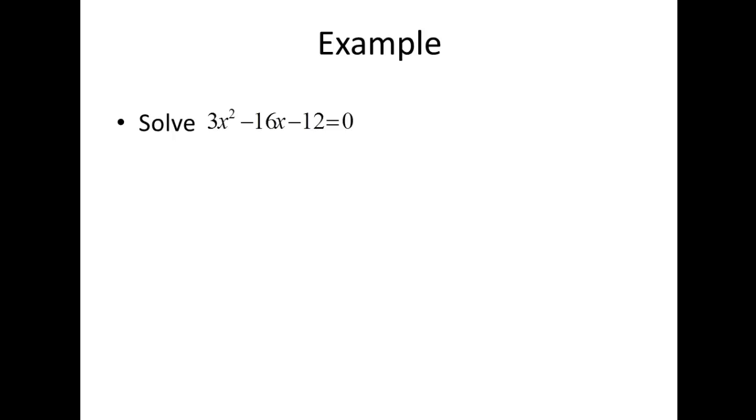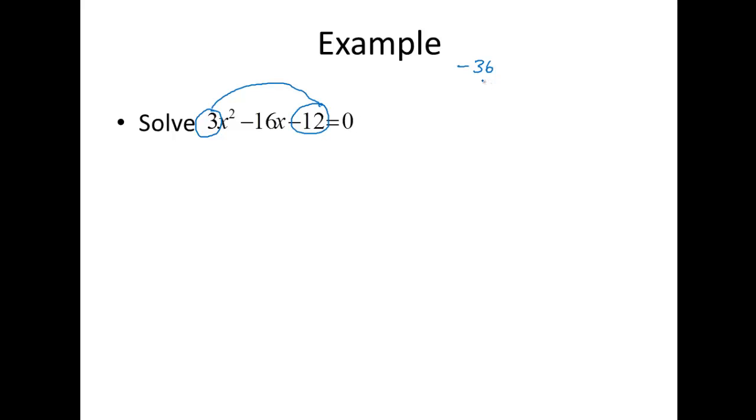Step 3 is to factor that polynomial. First up in factoring is looking for your GCF. I have a 3, 16, and a 12. All of my terms don't have an x, and those numbers don't have a greatest common factor. So I'm going to multiply my 3 and my negative 12. You can do trial and error to help you factor, but this method is used. 3 times negative 12 is negative 36.